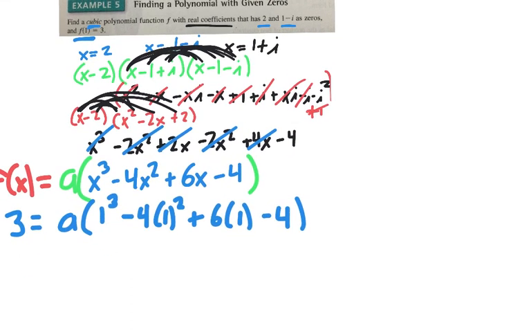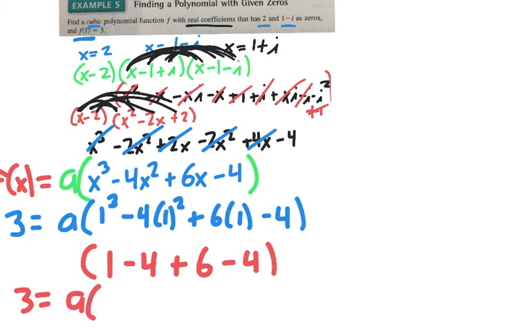And now we're just going to simplify and solve for a. So 1 cubed is 1, 1 squared is 1, minus 4, plus 6 minus 4. That tells me 3 is equal to a times, that's going to be 7 minus 8, negative 1.